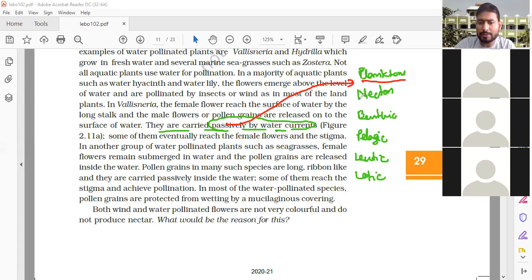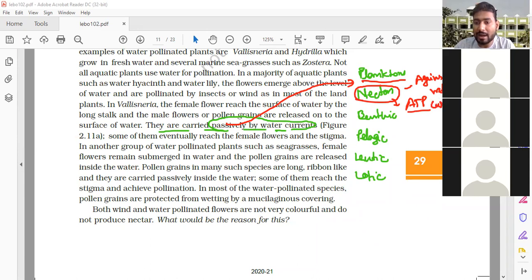Another is the nekton. What is the nekton? Nekton means they will move, but here they will use energy, ATP. They are going to utilize the ATP for the movement. Clear? And this moves against the water current. Against water current, very important.